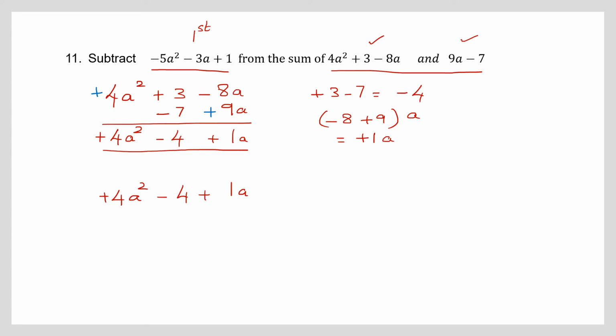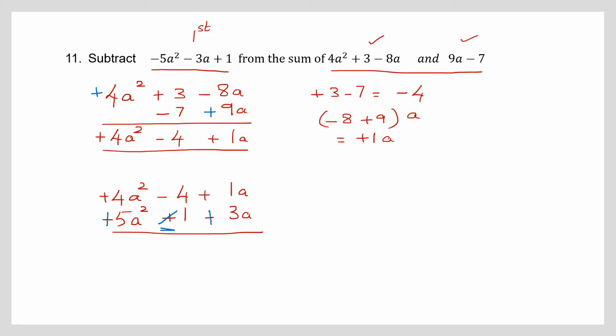So we need to write that below this one. So minus 5a square minus 3a. So let's write it here, minus 3a plus 1. Okay, now we need to subtract. So first step is changing the sign. Minus becomes plus, plus becomes minus, minus becomes plus.